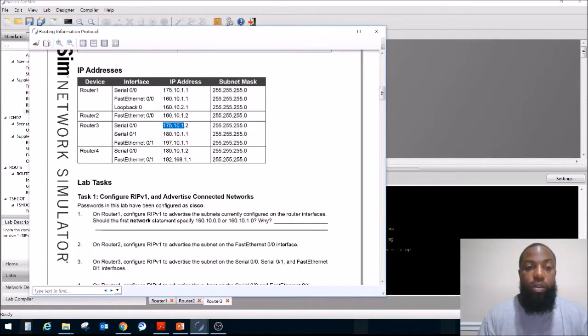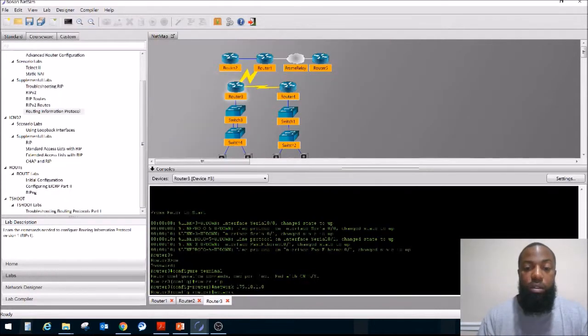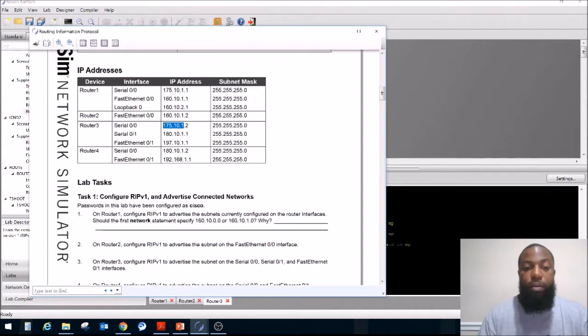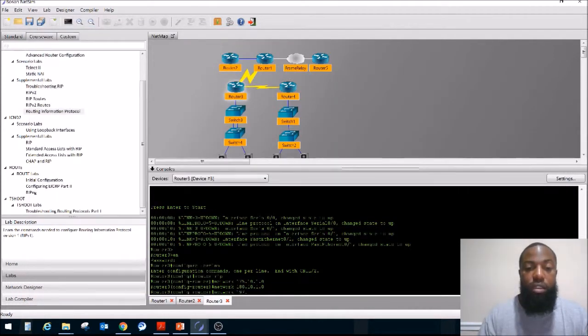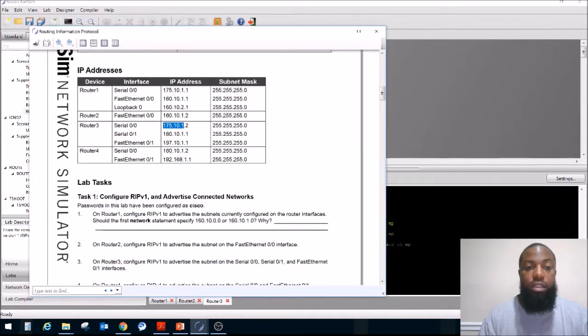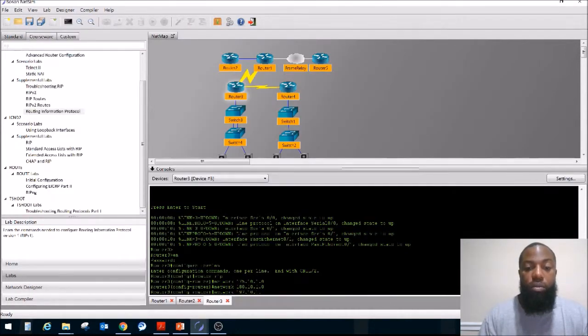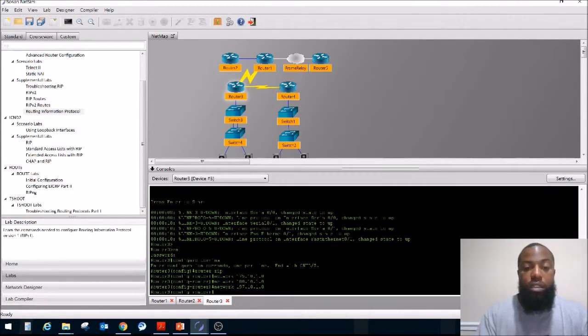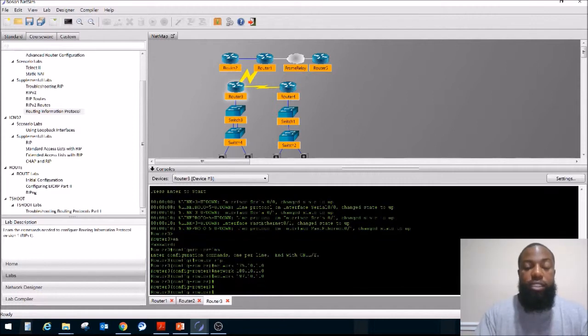The other one is 180.10.1.0. The other one is network 197.10.1.0. And let's see what we got so far.